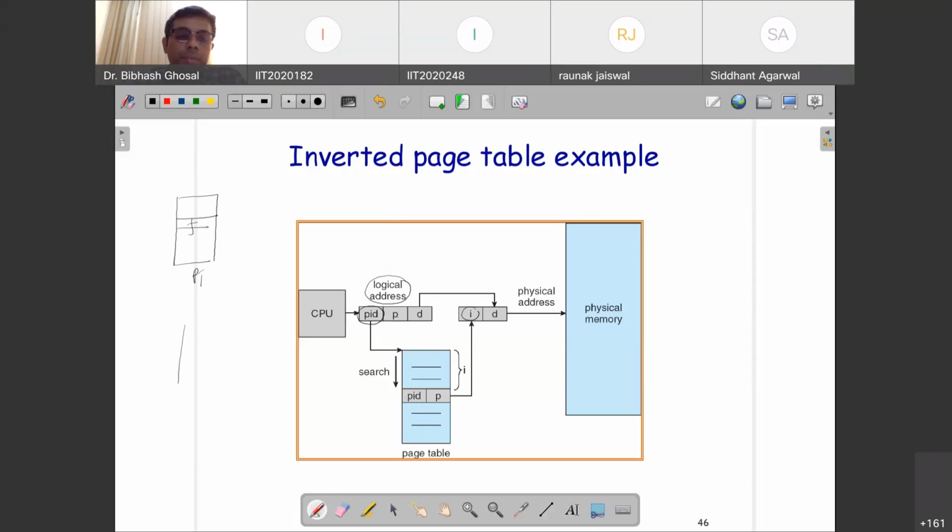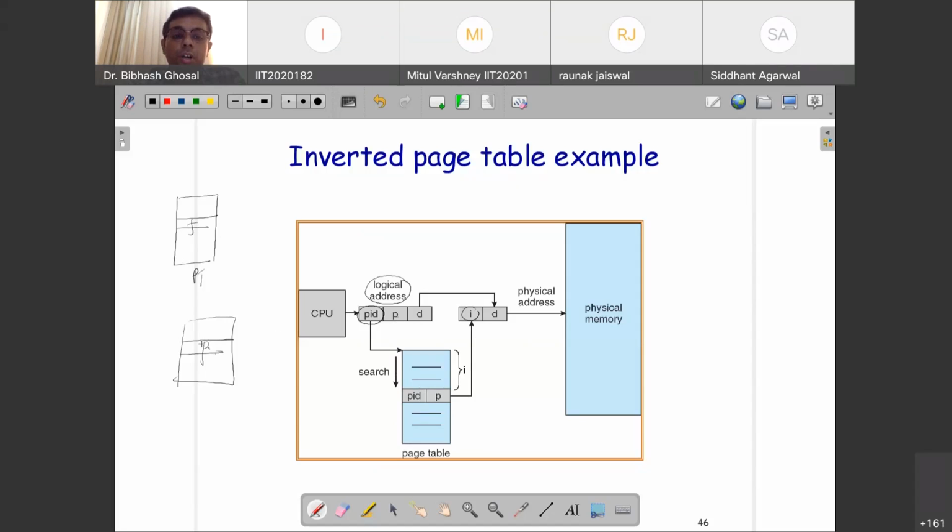But this page table will contain page number. Interesting. Because this inverted page table is mapped to a frame, not to a page. So the entry of this table will be a page and not a frame. This is the usual page table. This is the inverted page table.